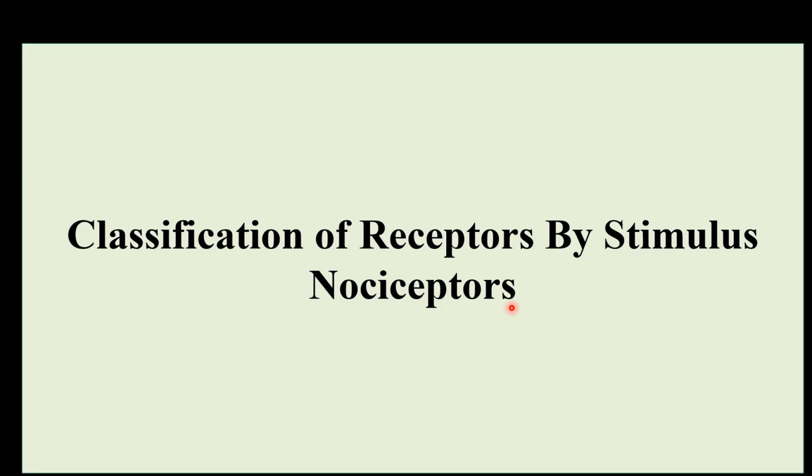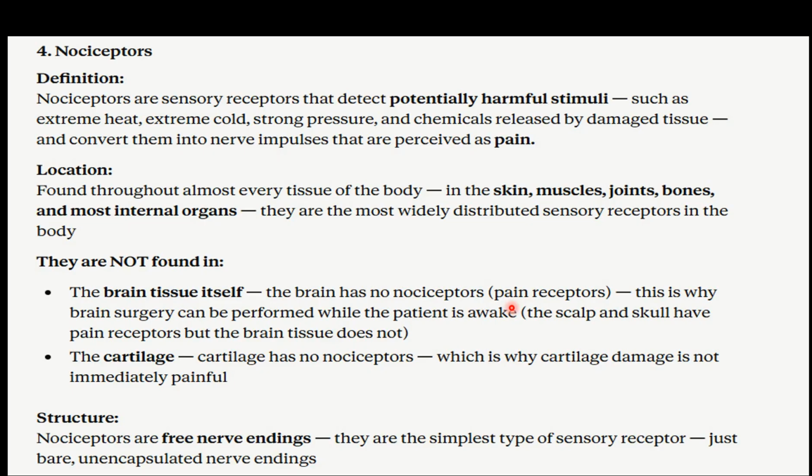Alright, so let's see what we have as nociceptors. We'll start from the definition itself. The definition is very simple and straightforward. Nociceptors are something related to pain. So it's a pain receptor.